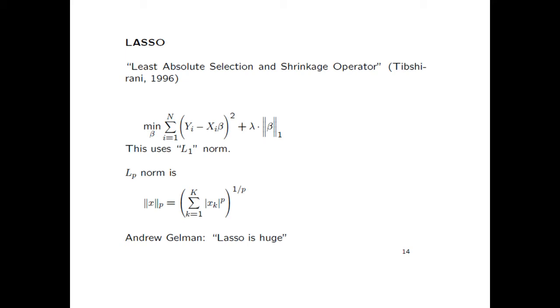So the simplest case of shrinkage is just finding methods that select just a subset of the regressors and then do least squares on the subset. And you can implement that by putting a penalty term that is linear in the number of non-zero coefficients. That turns out to be a very difficult thing to do in practice, particularly in large settings.